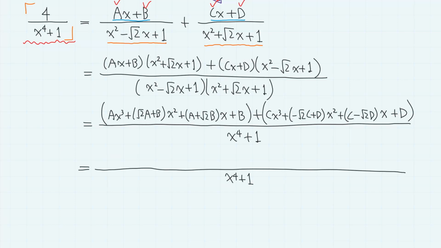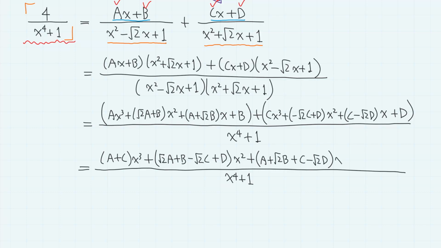So if we rearrange in descending order of x, first we have (a plus c) x cubed, then (square root of 2 a plus b minus square root of 2 c plus d) x squared, then (a plus square root of 2 b plus c minus square root of 2 d) x, then constant term b plus d.